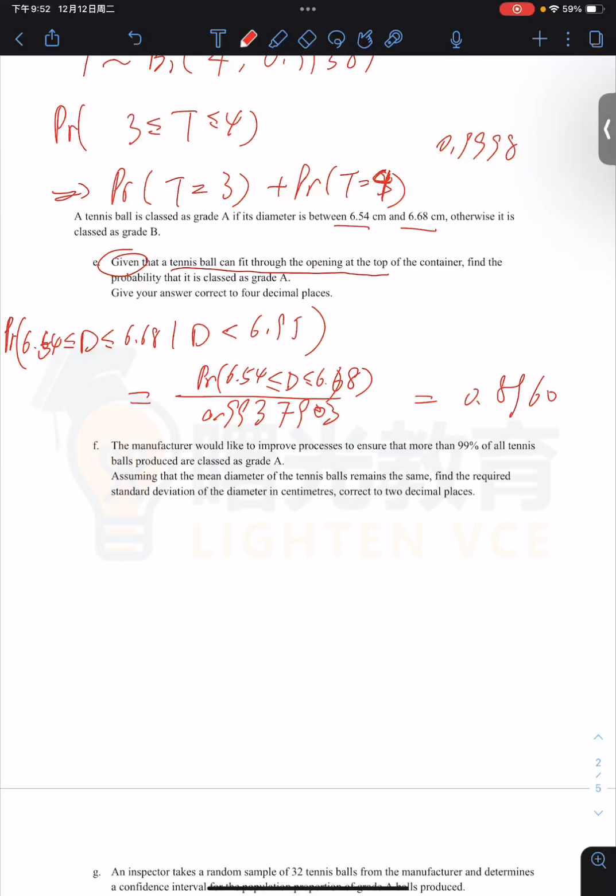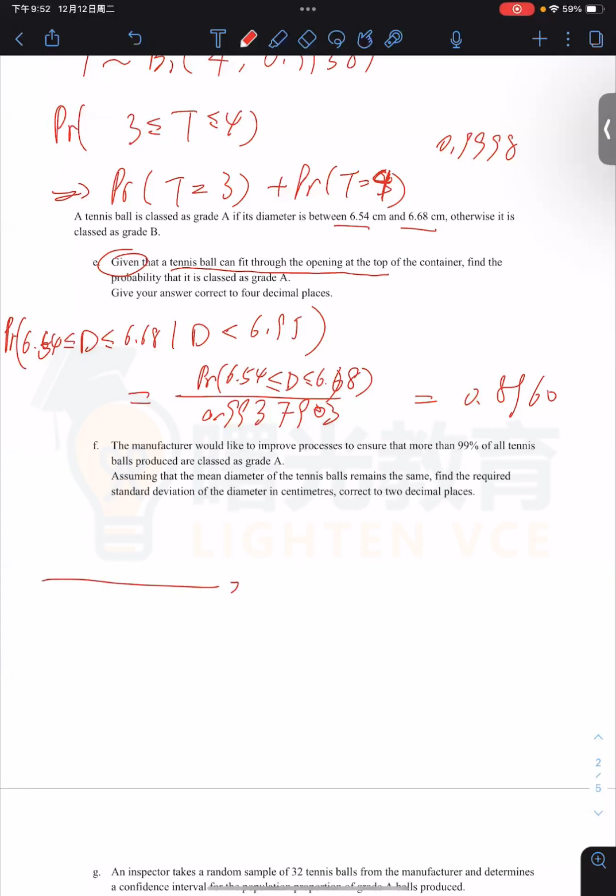Now, this question is looking for, we have to maintain, right? The mean of the diameter of the tennis ball is the same. But now we would try to get a new standard deviation.